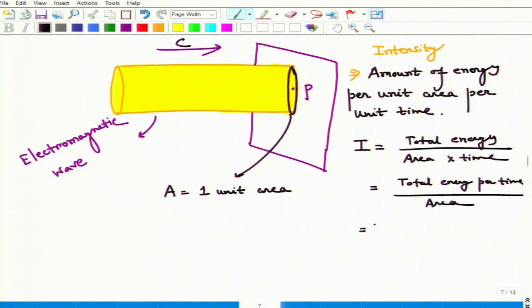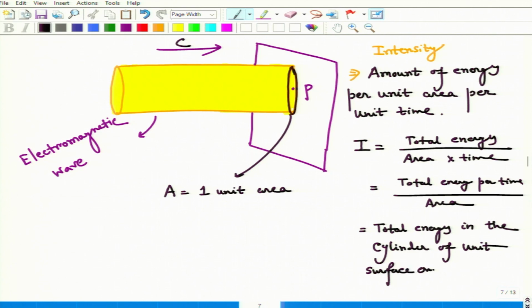So it is the total energy in the cylinder having unit surface area and length of c.